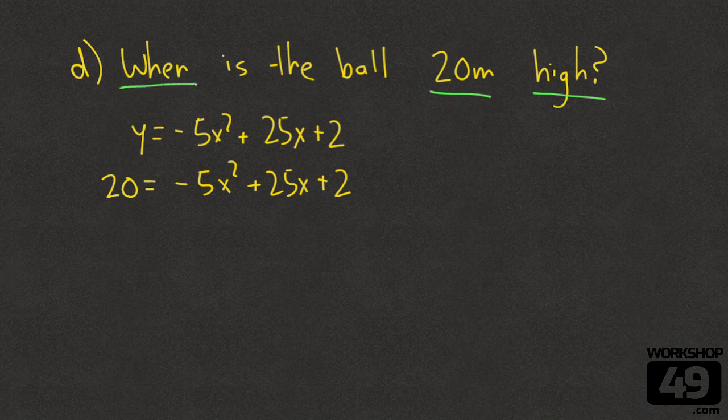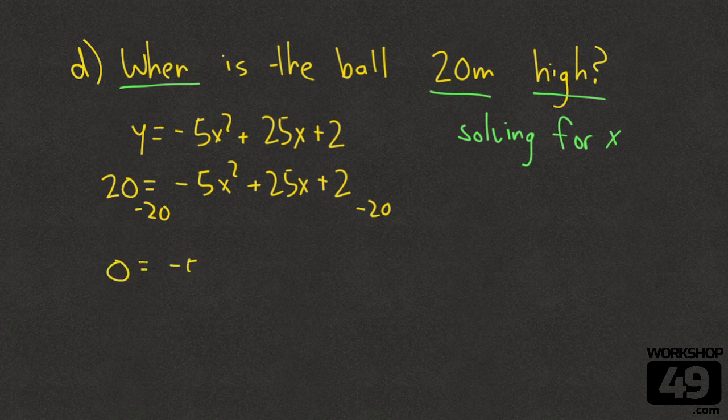We've been asked when. That means it's looking for a time, which means we are solving for x. In order to solve for x in a quadratic, we have to set it equal to 0. So that means subtract 20, 0 equals negative 5x squared plus 25x minus 18.